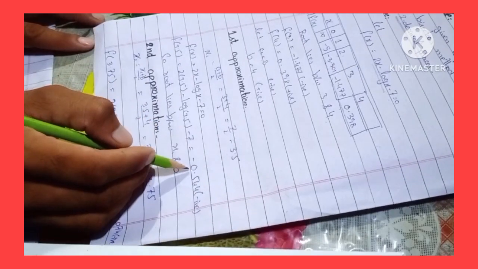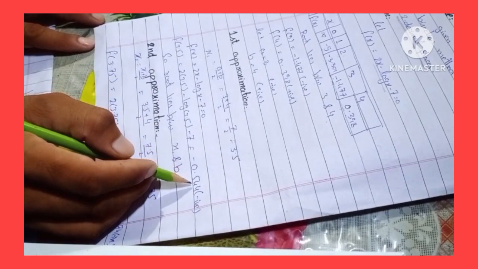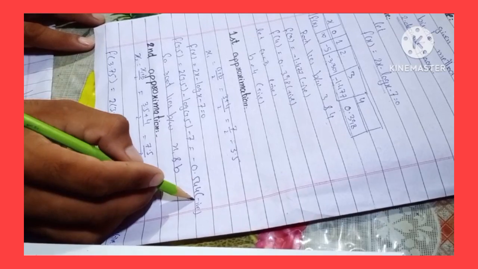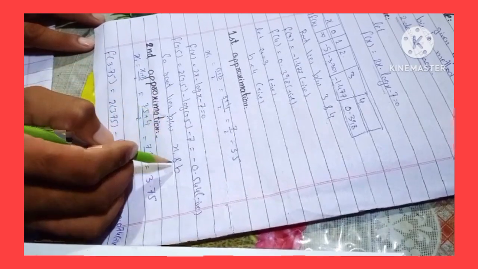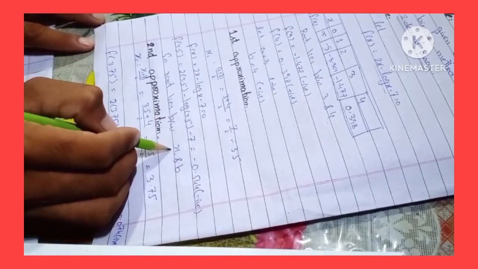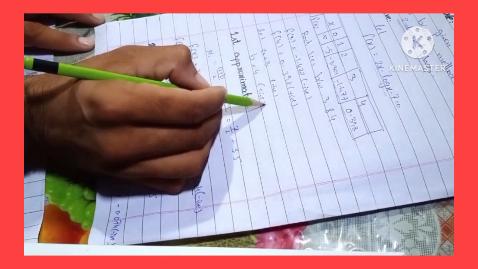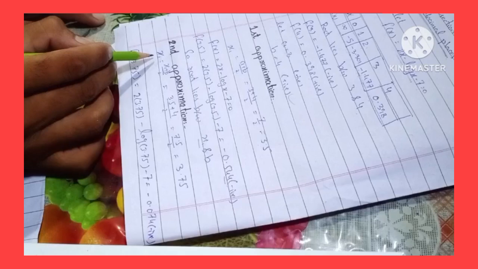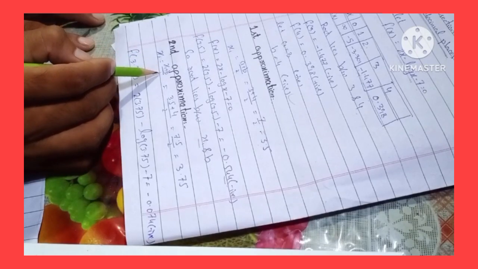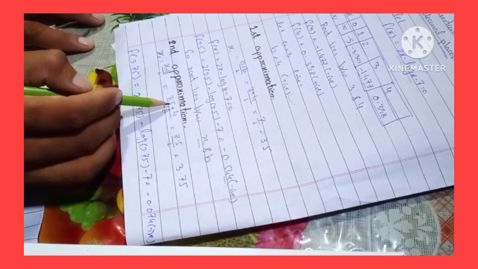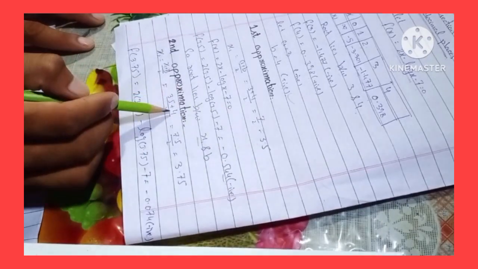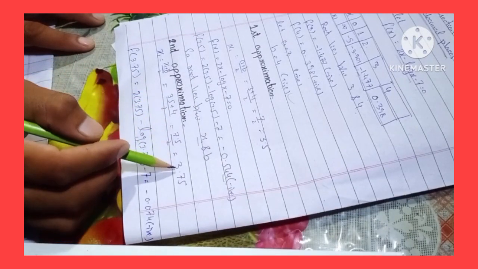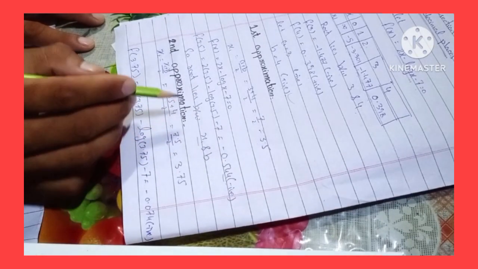its answer is negative 0.544. Its value is negative. So the root lies between x1 and b, because x1 is negative and b is positive. The second approximation is x2 equal to (x1 plus b) divided by 2. x1 is 3.5 and b is 4, divided by 2. Its answer is 3.75.